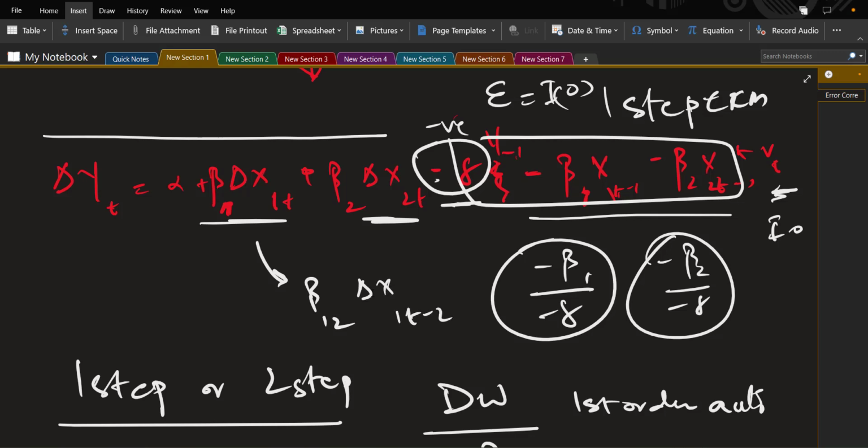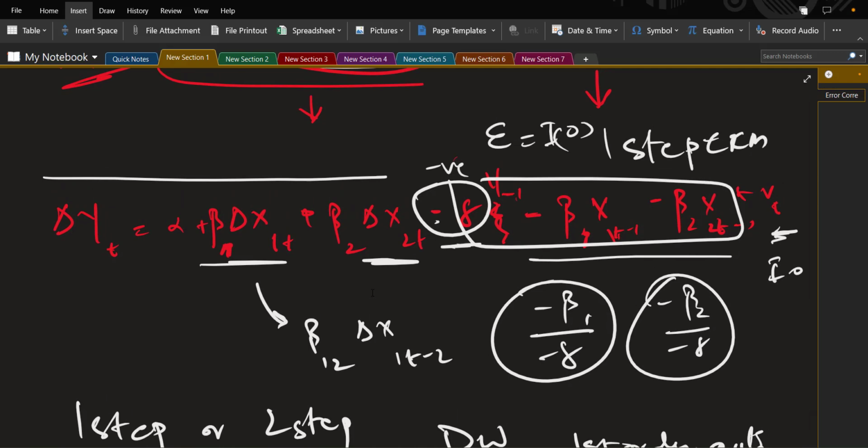And how to check for which variables we need to add lags? The criterion that I use is that if this beta 1 is significant, you need to add the lag, and if this is significant, you need to add another lag, and so on until the lags become insignificant.